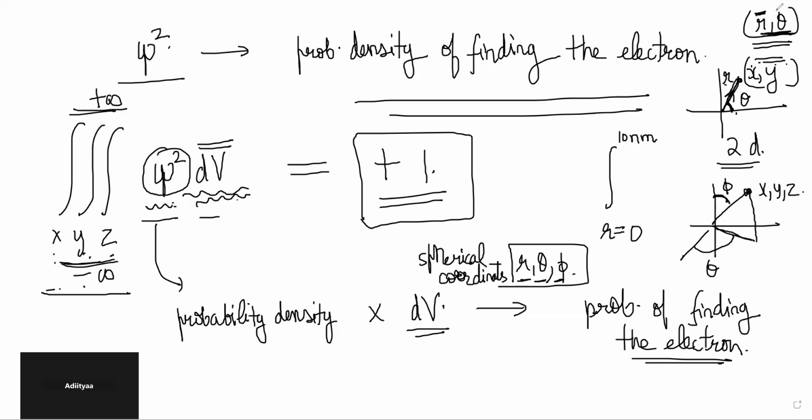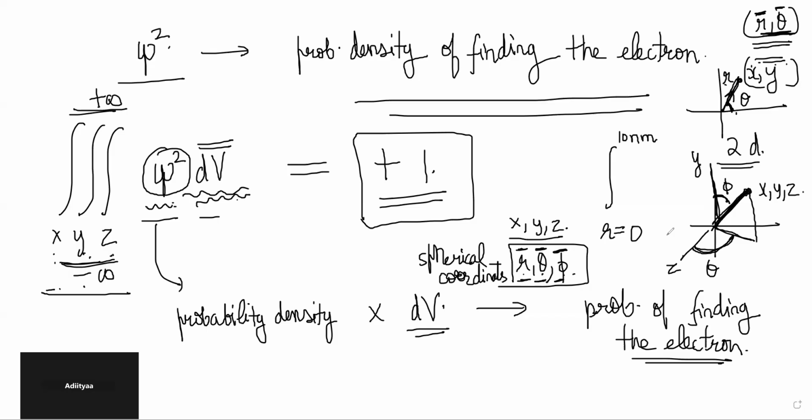R was distance from origin and theta was one angle, right? In 3D, you will need two angles. One angle like this from Z axis, one angle from the Y axis, and R is the distance from the origin. Do you understand? So that is known as the spherical coordinate system, where you use R, theta, phi, and you are explaining the same point X, Y, Z only, right?